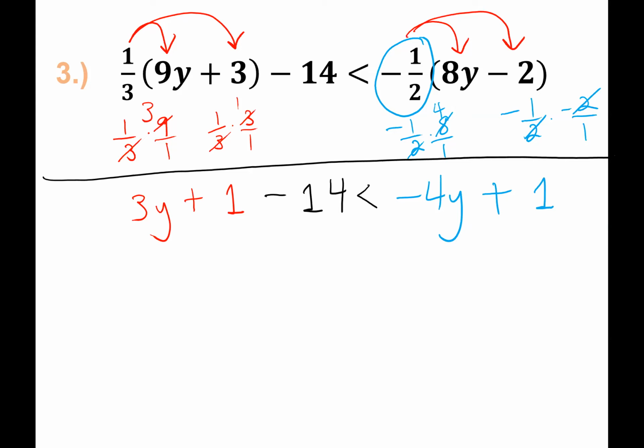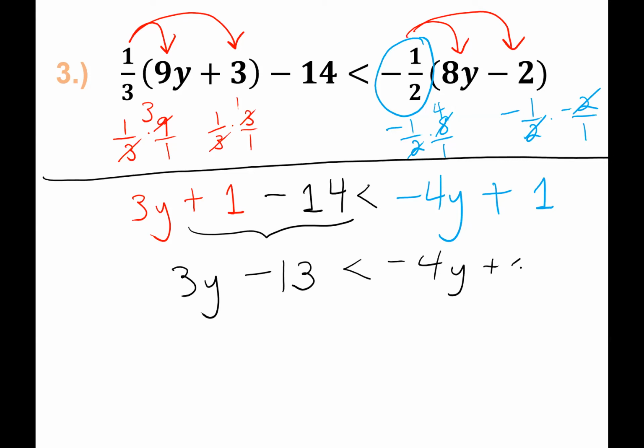So I'm going to combine like terms. Over here on the left side, the plus 1 minus 14. Let's combine that. Positive 1 minus 14 is negative 13. So I'm going to rewrite 3y minus 13 is less than negative 4y plus 1.